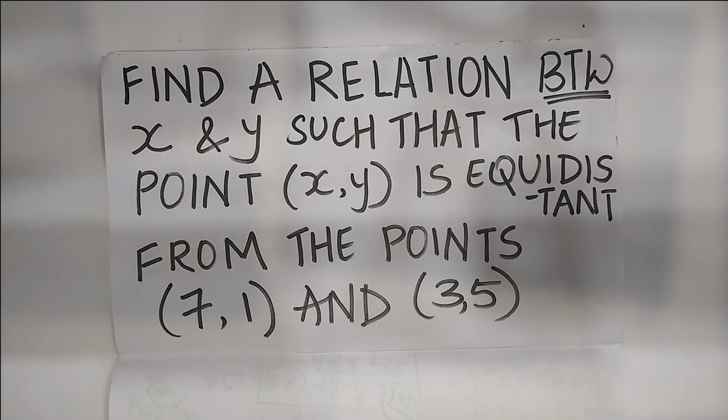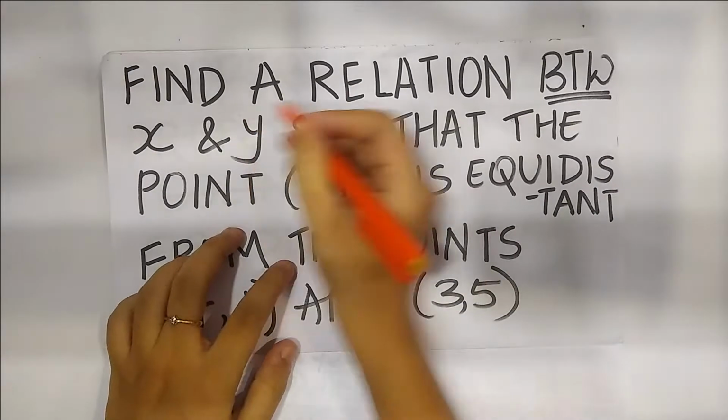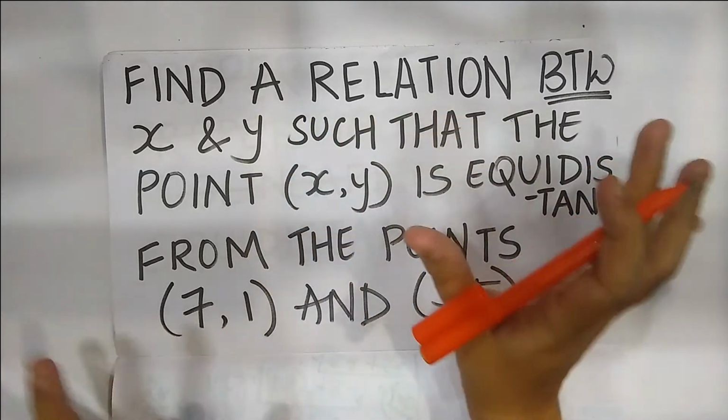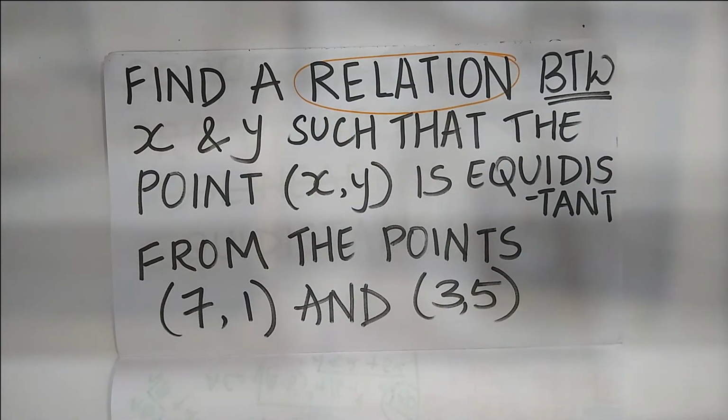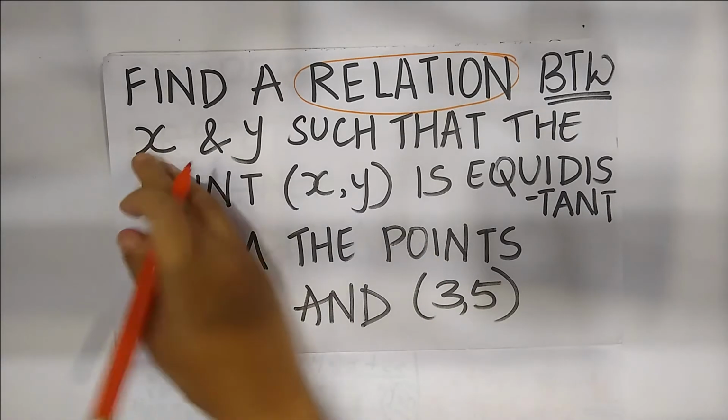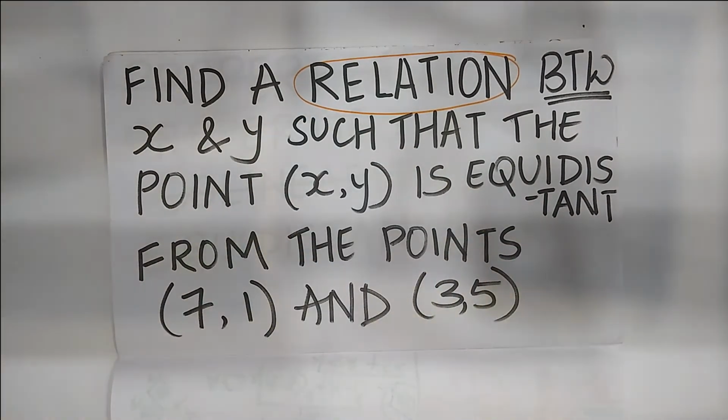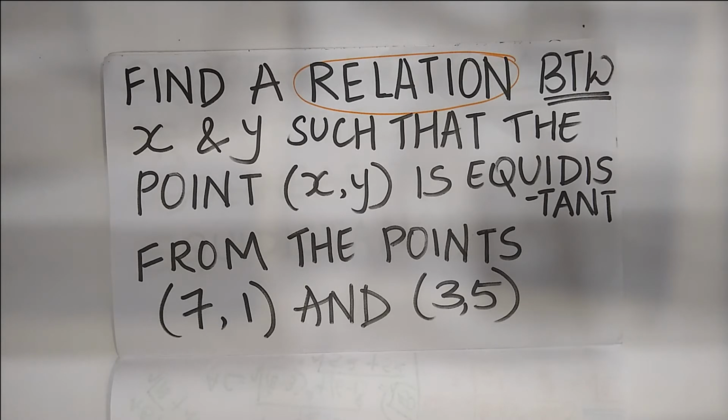Whenever they try to find a relation between x and y in mathematics, relation means equation, which means x can be maybe greater than y by 2 numbers or 1 number or 5 number, which translates in mathematics as, if I took an example of x being greater than y by 2, then I can say that x is equal to y plus 2. So that is an equation, right? So that is what they're trying to say.